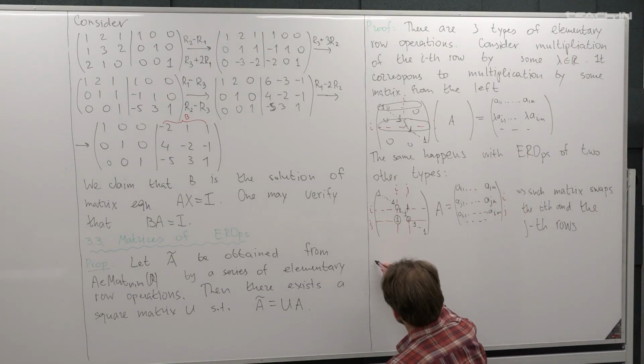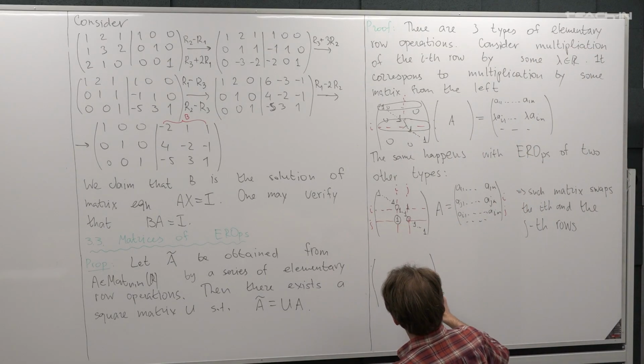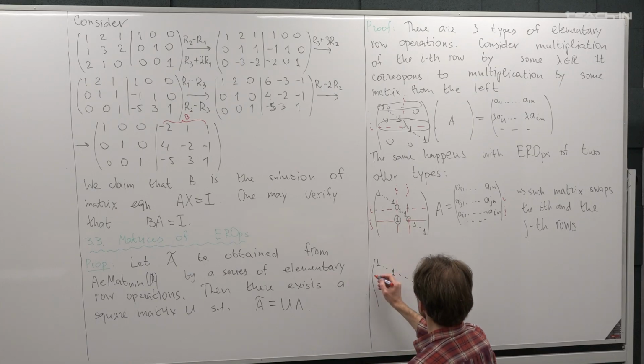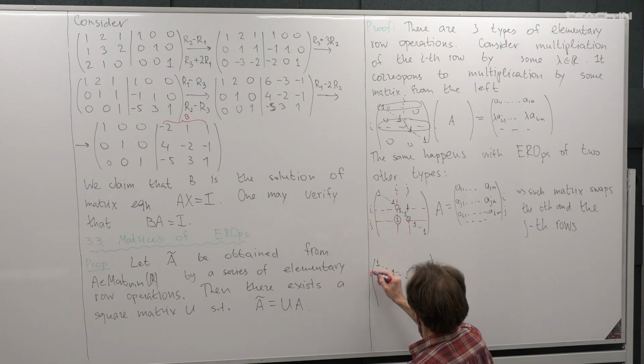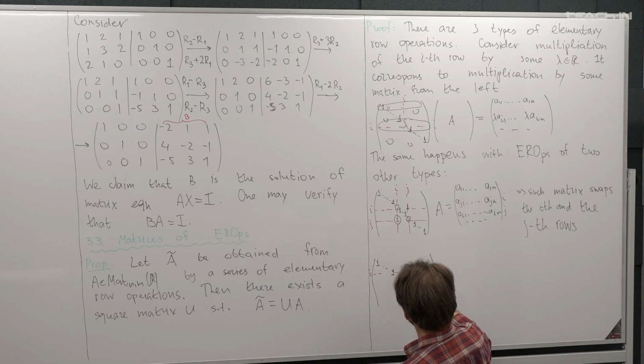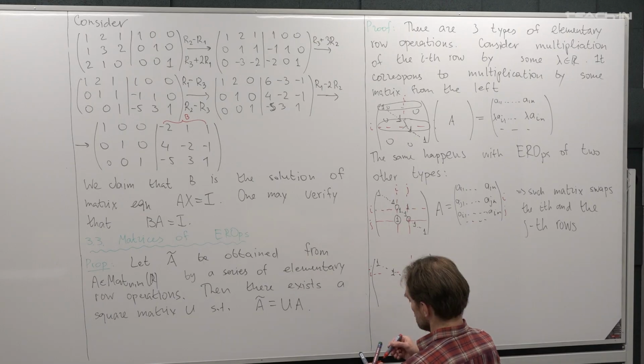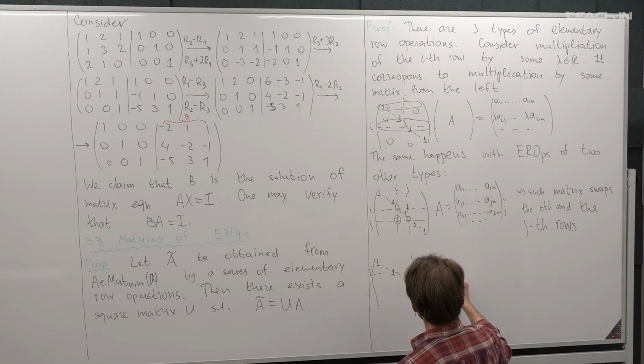So in this case the matrix will have the form, so I'm going to have 1 everywhere on the principal diagonal, and for example this would be the ith row, and besides 1 here, I'm going to have lambda on the jth position in the ith row. So consider such a matrix and multiply it by A.